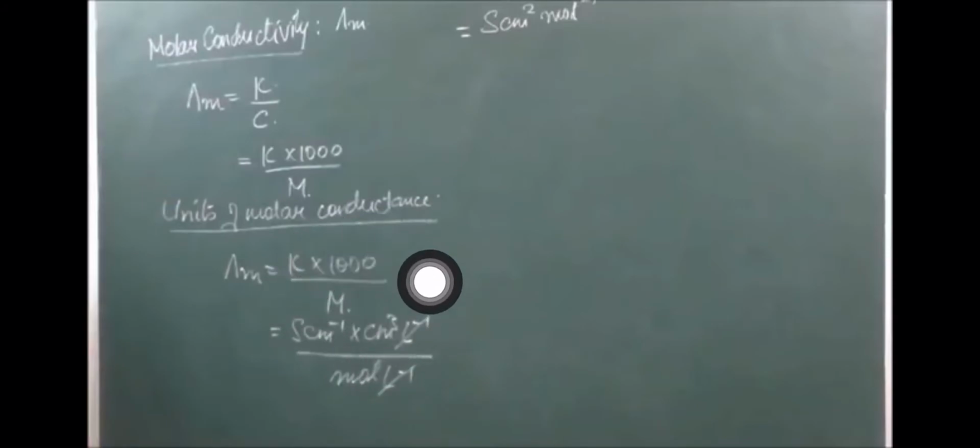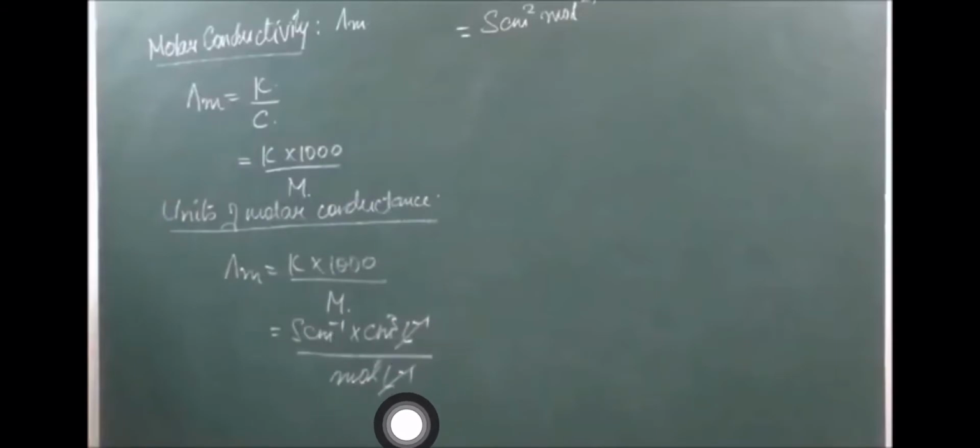Now this 1000 we are taking as volume, in centimeter cube per liter. So for the above, K into 1000 will become Siemens centimeter inverse into centimeter cube per liter, divided by the unit of molarity, that is mole per liter.